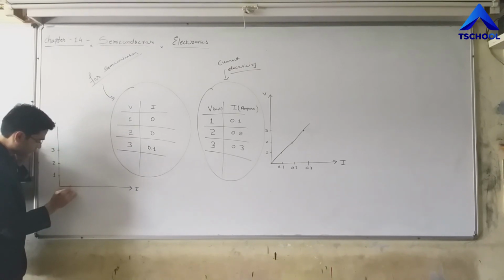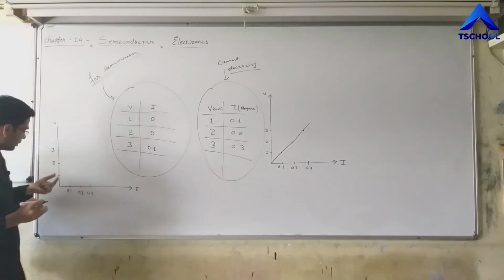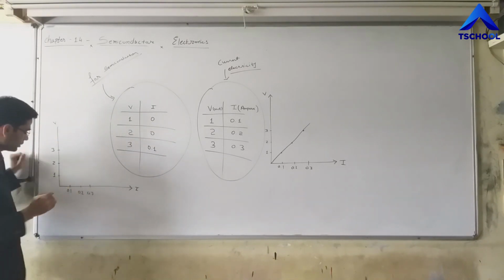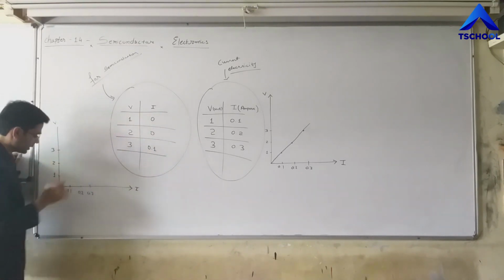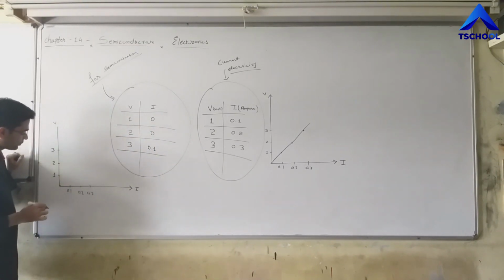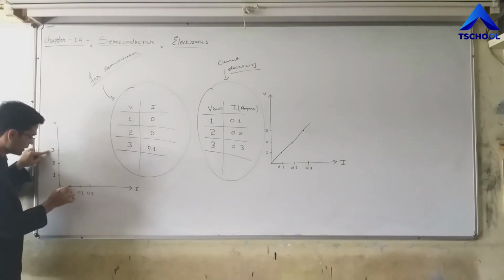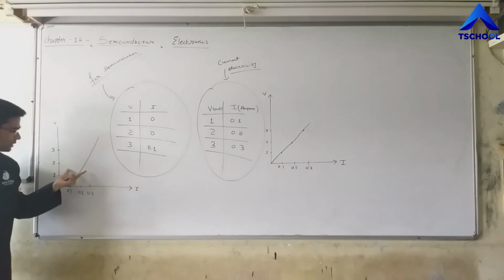When V is equal to 1 volt, at that time current is 0. When V is equal to 2 volt, current I is equal to 0, again 0. And when V is equal to 3 volt, at that time current is set up in the device. The graph looks like this.